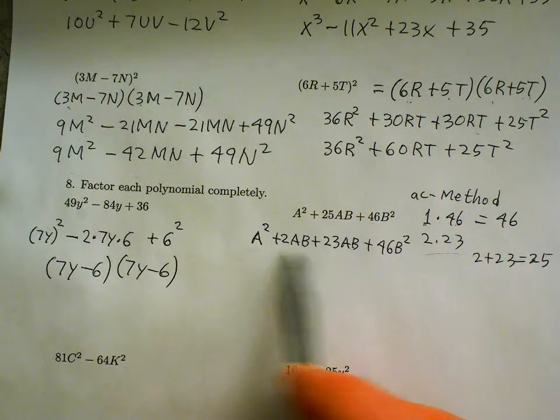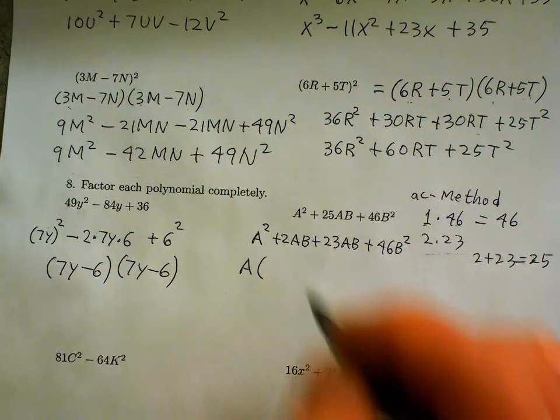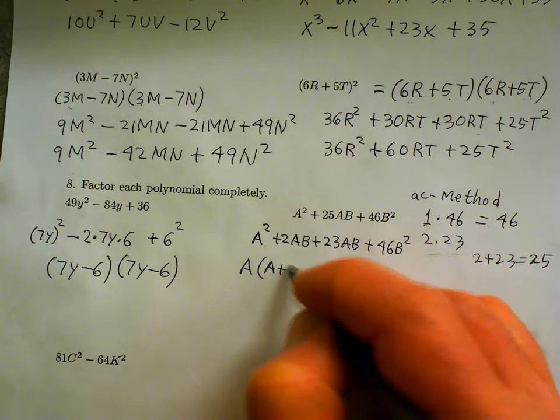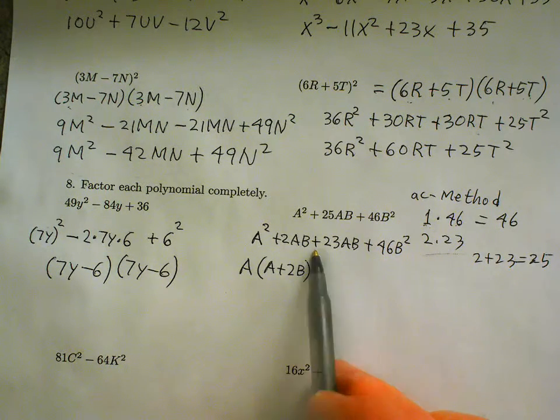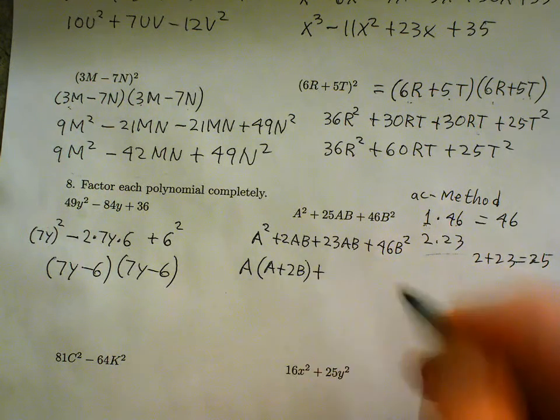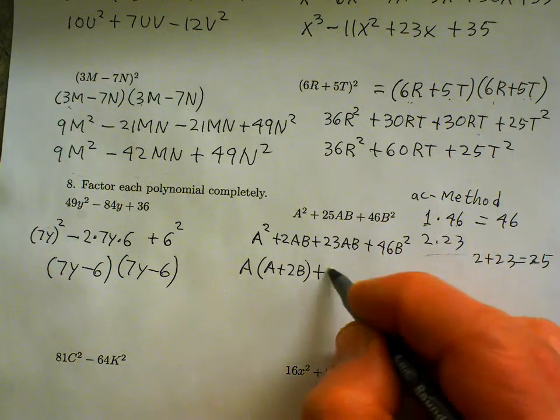Out of the first two terms, we can factor out a, and the binomial is a plus 2b. Bring down the middle operator of addition, and out of the third and fourth terms, the greatest common factor is 23b.